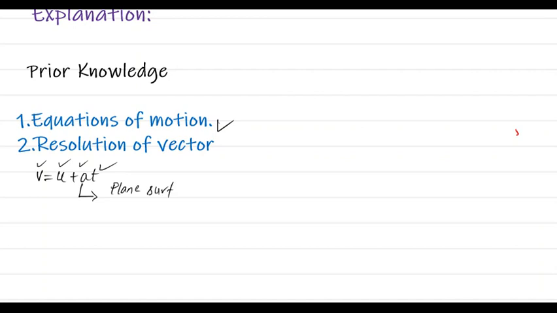Plane surface. This plane can be the plane of a floor, the plane of the earth, the plane of a straight road, or the plane of a table, etc. But if we change the nature of the motion, if the object is moving in an upward or downward direction along a straight path, like a free fall motion, or if the object is covering distance horizontally and vertically at the same time as in projectile motion, then this acceleration transforms into g.